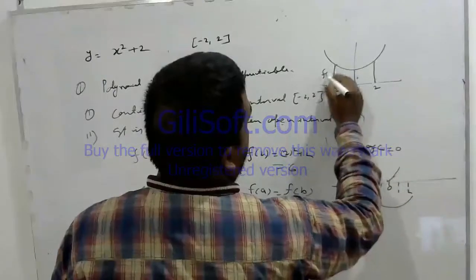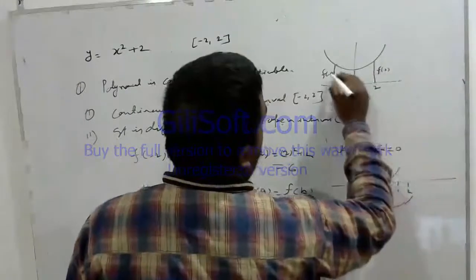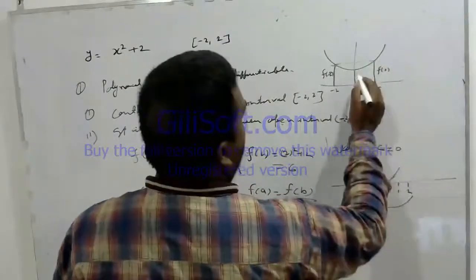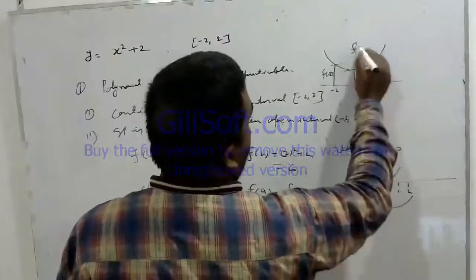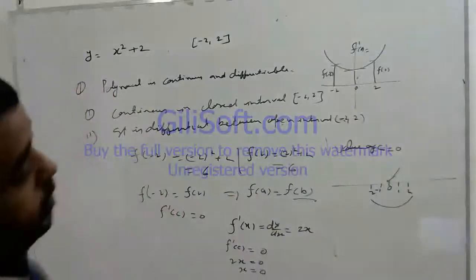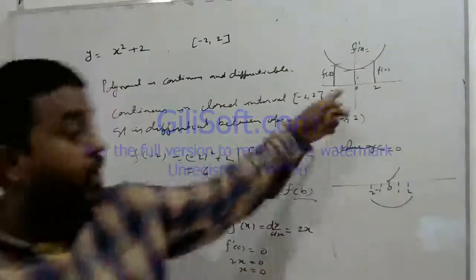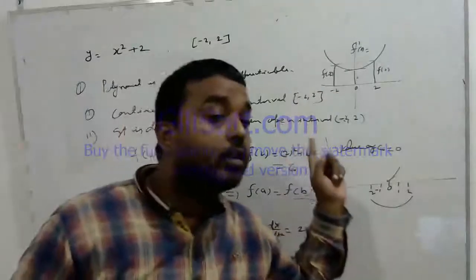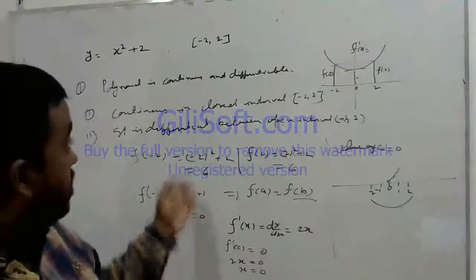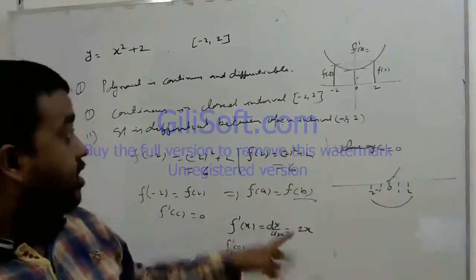Here you can see that this is f(minus 2) and this is f(2). You can see that both are equal, and there is a point f dash 0 where we get the tangent to the given curve that is parallel to the x-axis, and it gives us f dash c is equal to 0.